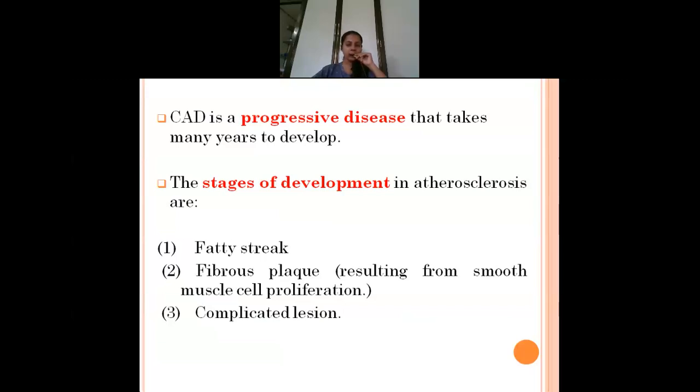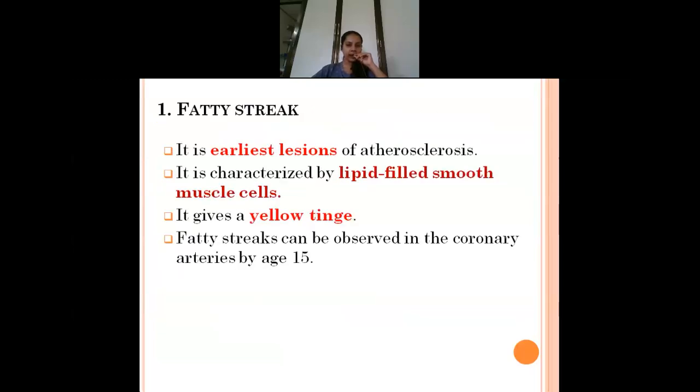So CAD, first stage is what? Fatty streak. We'll see what is fatty streak. Now, fatty streak is the earliest lesion of atherosclerosis. It is the earliest stage, and in this stage it is characterized by lipid filled smooth muscle cells.